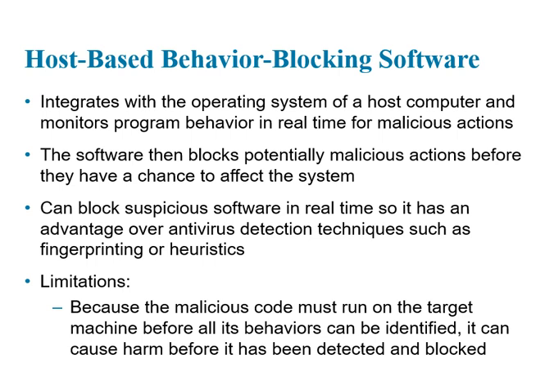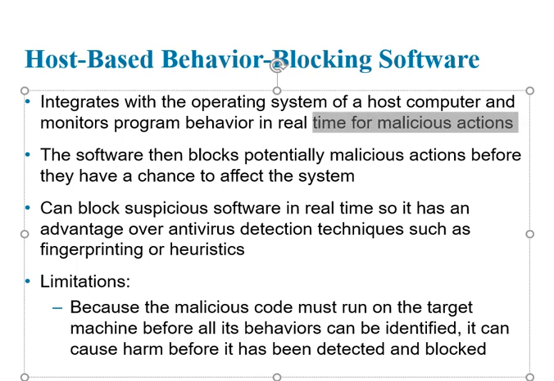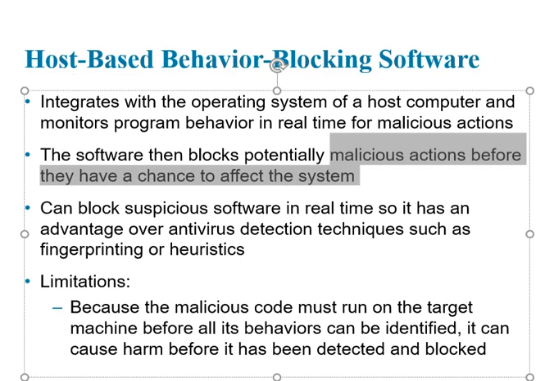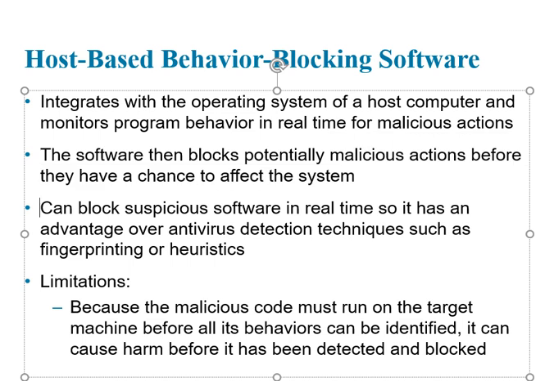Other than antivirus, we have host-based behavior blocking software. Normally it integrates with the OS of the host computer and monitors program behavior in real time for malicious action. So based on behavior, the software then blocks potentially malicious action before it has a chance to affect the system. Sometimes this type of software is also embedded or integrated in anti-malware.